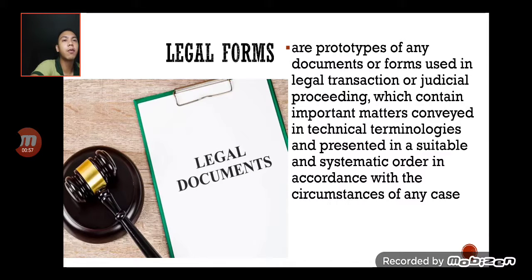So legal forms are defined as prototypes of any documents or forms used in legal transactions or judicial proceedings which contain important matters conveyed in technical terminologies and presented in a suitable and systematic order in accordance with the circumstances of any case. So in other words, legal forms are documents which are used in legal transactions and judicial proceedings.